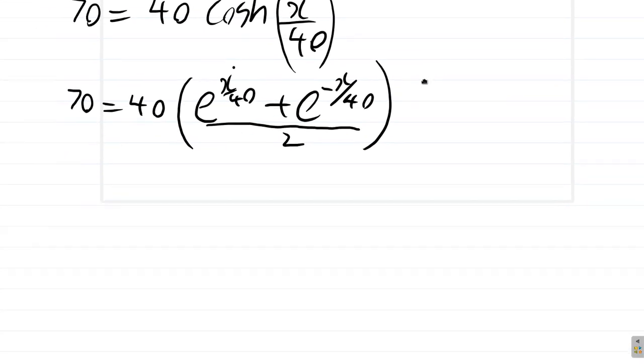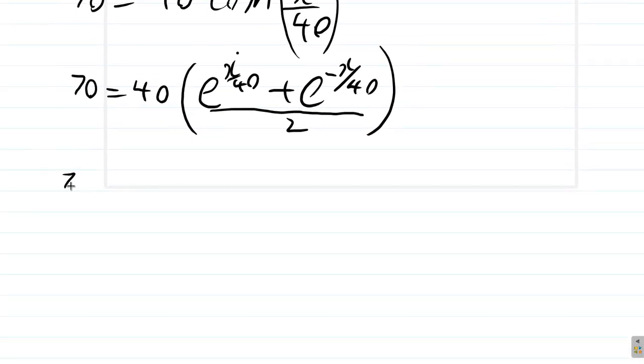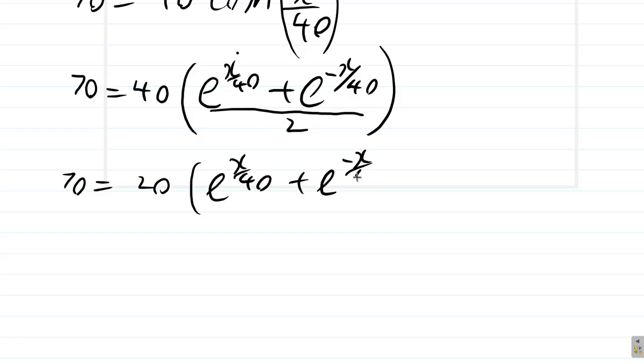You could cancel with the 2 and say 70 is equal to 20 times e to the x over 40 plus e to the negative x over 40.